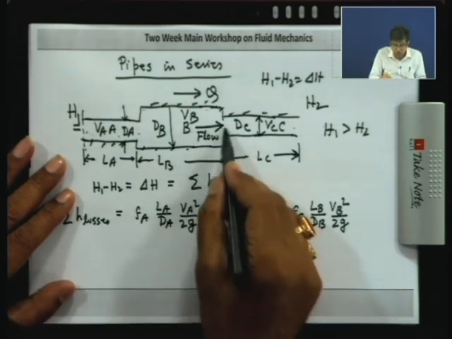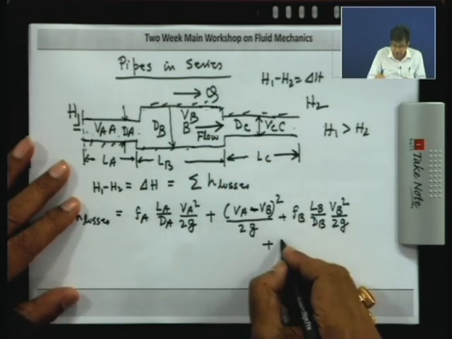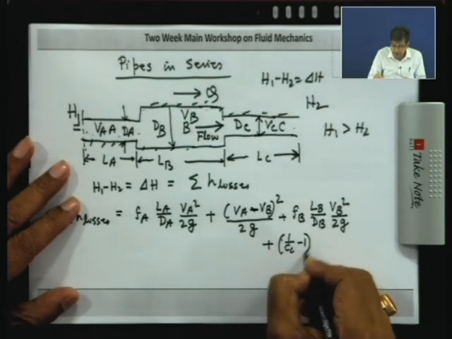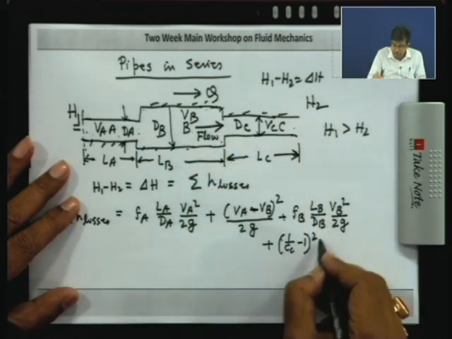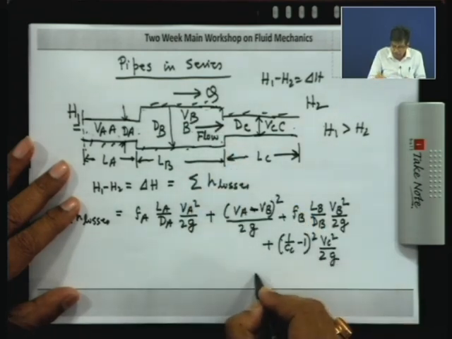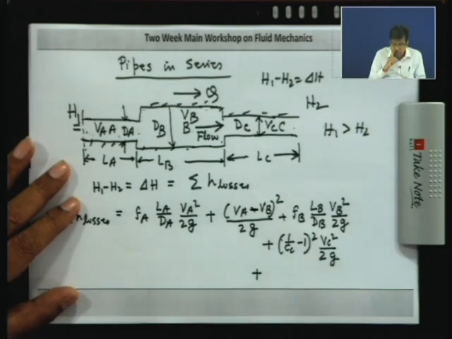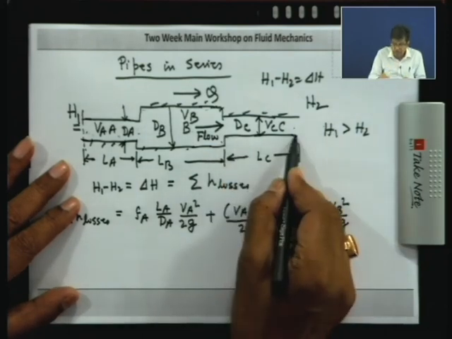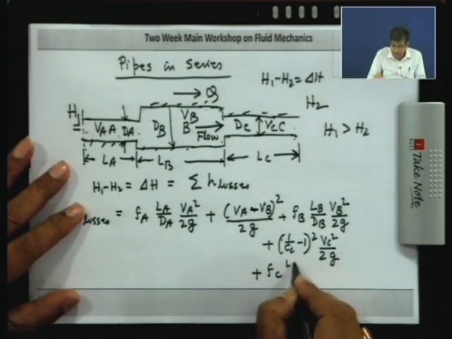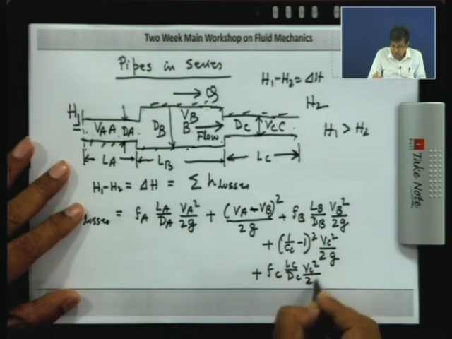The contraction loss, that means 1 by Cc minus 1 whole square into Vc square by 2g, plus, what is this? The frictional loss, skin friction loss in this pipe, Fc Lc by Dc Vc square by 2g.